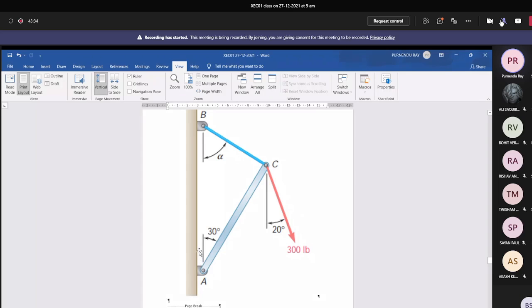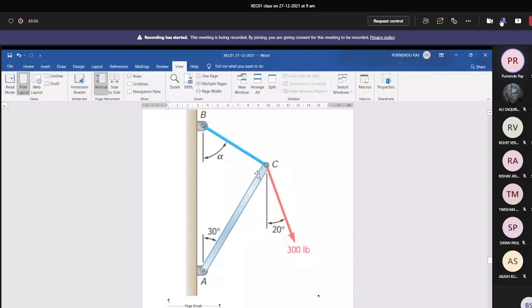And if it is mentioned that for this situation, to generate some 250 pound force in this member CB, suppose this member is so weak that it cannot resist more than that value, that is the threshold or limiting value.